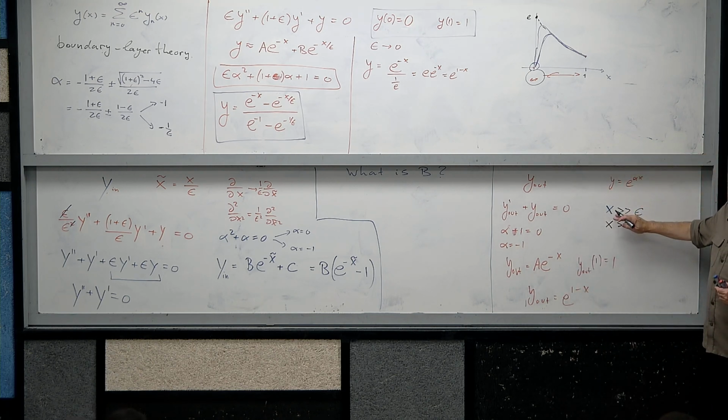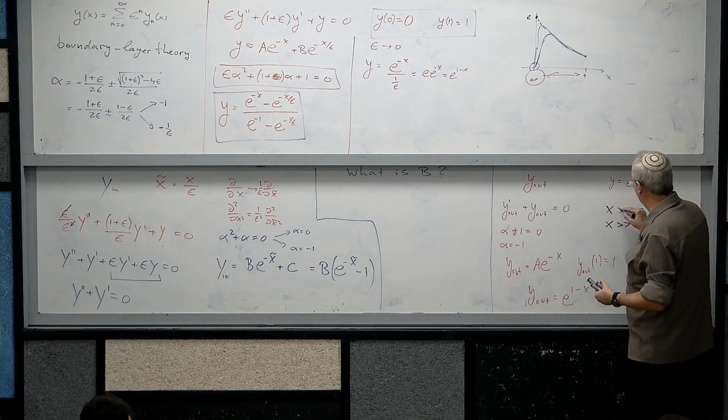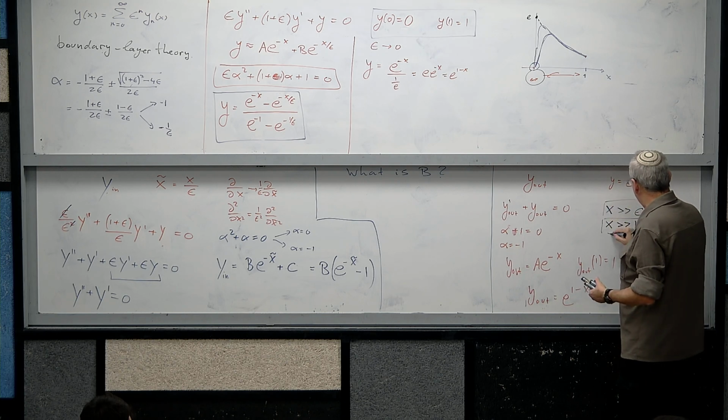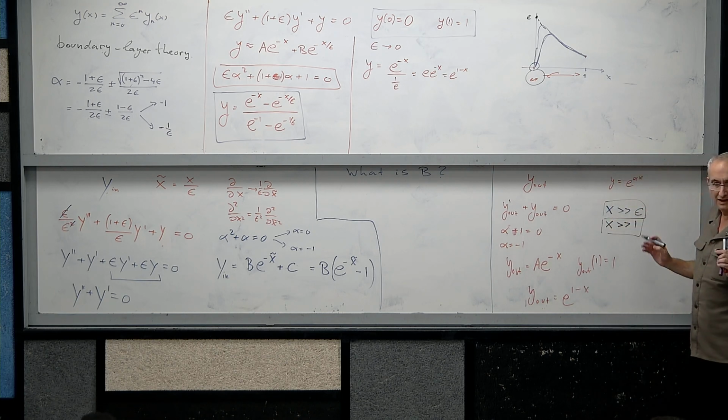This and this will not violate each other as epsilon goes to 0. So if epsilon is 10 to the minus 6, I can take x to be 10 to the minus 3. On the one hand, it is much larger than epsilon. On the other hand, it is much larger than 1. So the black condition does not violate the blue condition. This is a condition for y out, and this is another condition that may live happily with that condition.